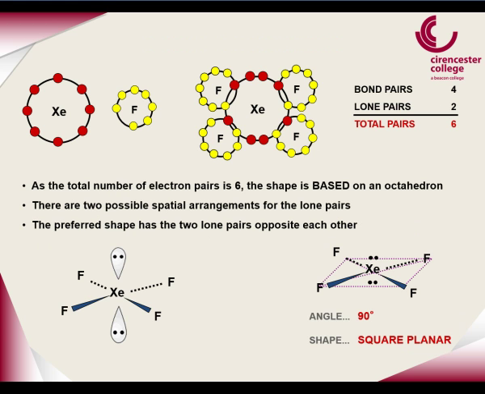And as you can see, the lone pairs are axial and the 4 fluorine atoms are equatorial. This is a very special case that you will not see in the AS textbook, but it's worthwhile just to use your thinking skills and see if you can explain what type of structure will be formed.